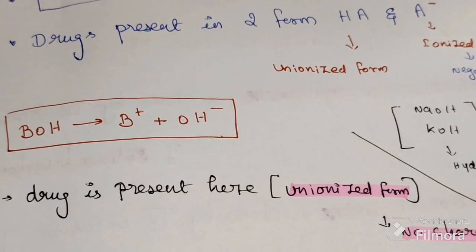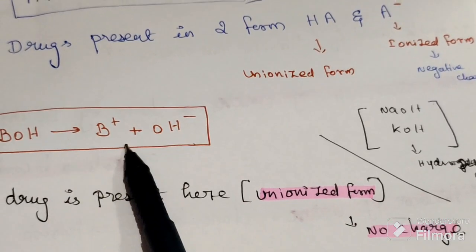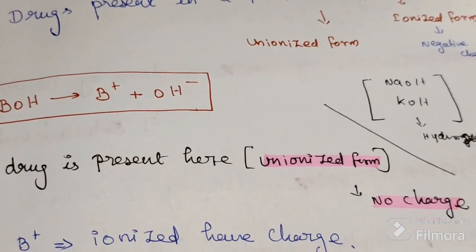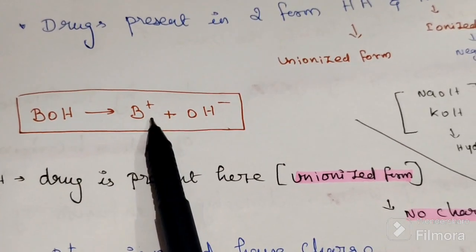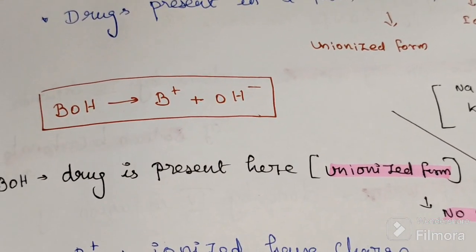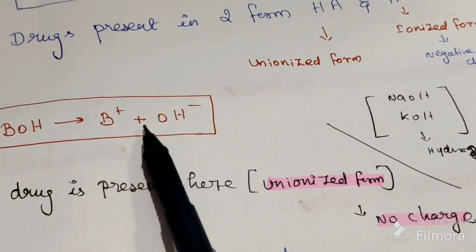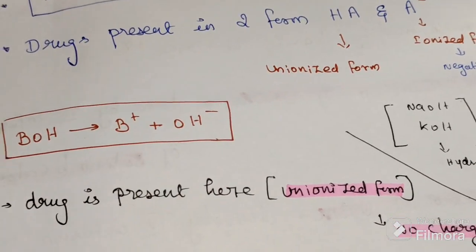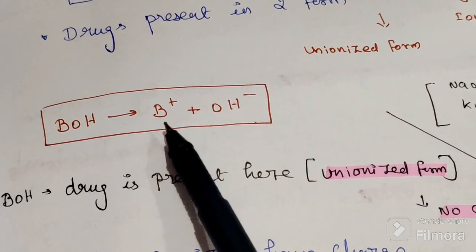Here we are interested in this B plus. B is my drug. The drug is present in the unionized form BOH, and this one is the ionized form with a positive charge.